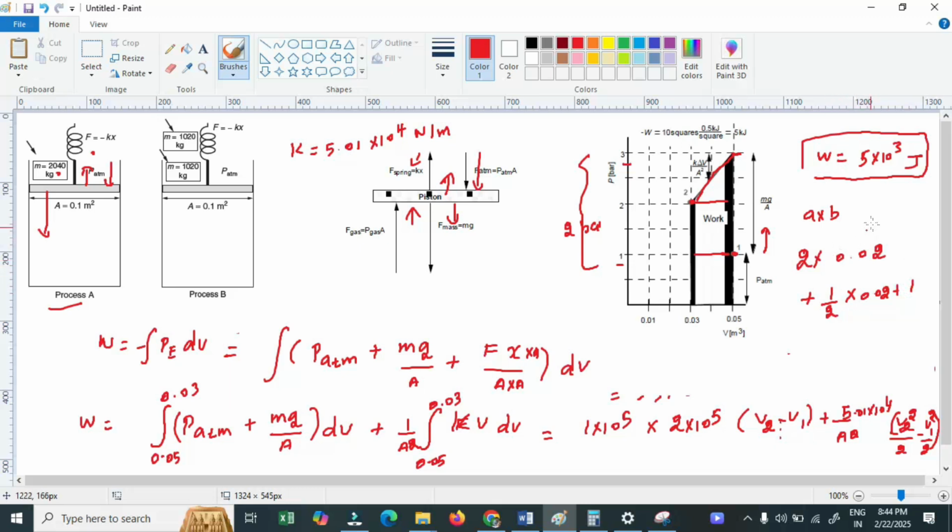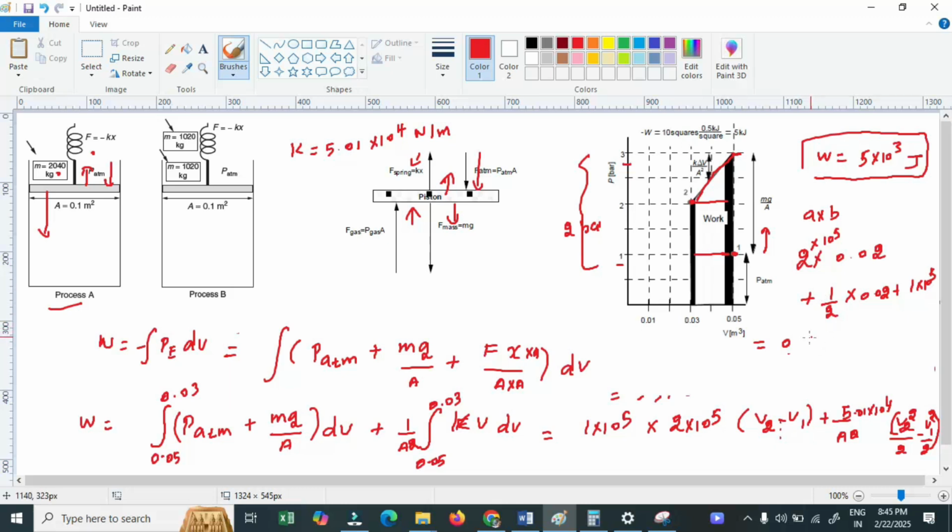So here it will be, let me multiply by 10 power 5. Here also 10 power 5. I want to keep in the Pascal so that I have work done in terms of joule.